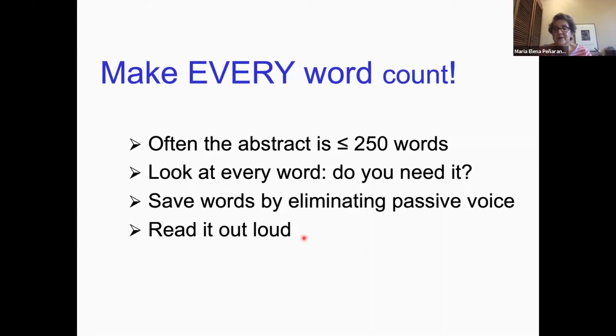And trying to summarize so much, we just lost the logic flow of the abstract or the story we're telling. So read it aloud, read it to somebody else to see if it makes sense, if you're really summarizing what is the most important in your article.